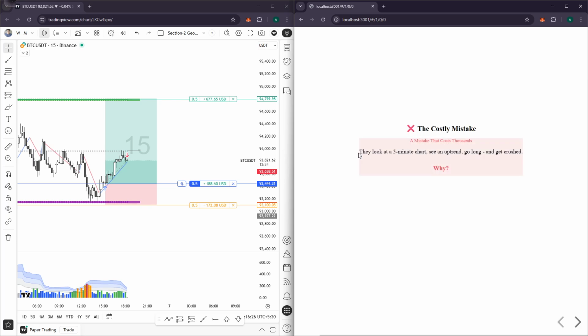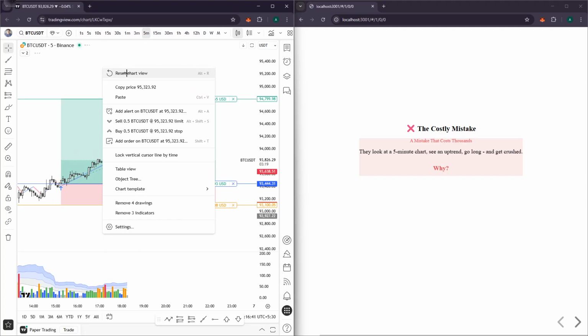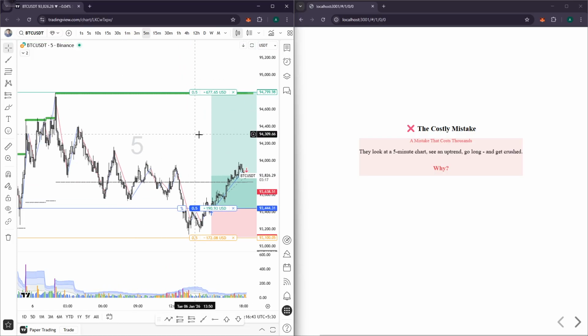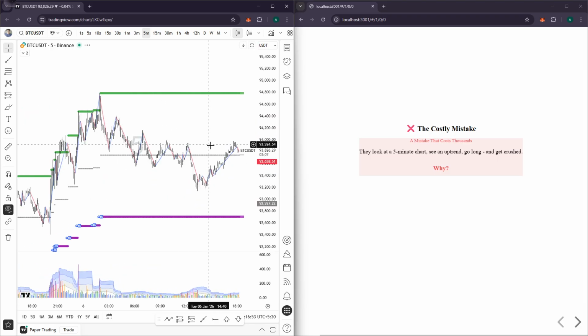Let's see the costly mistake that most traders make. They look at the 5 minute chart, see an uptrend, go long, and get crushed. For instance, if I only see the 5 minute chart, and I'll remove that now and also remove this one for now.